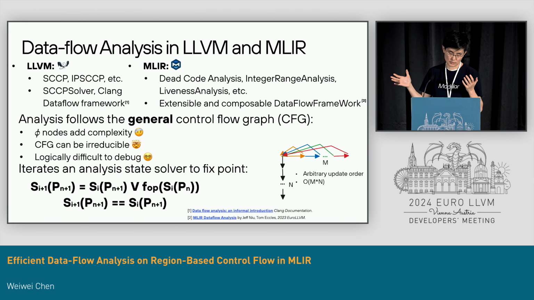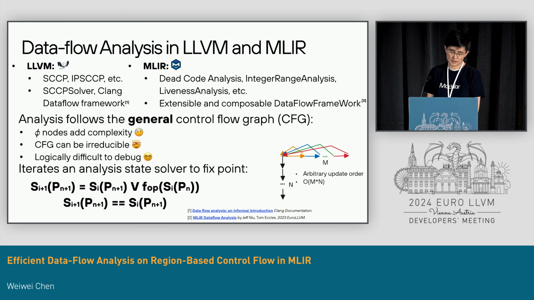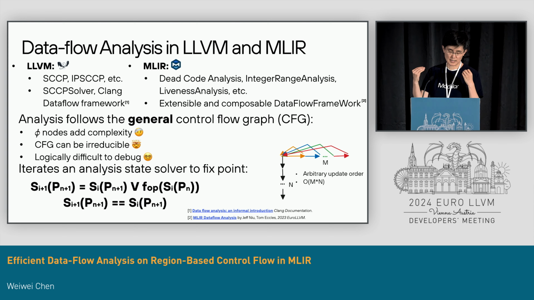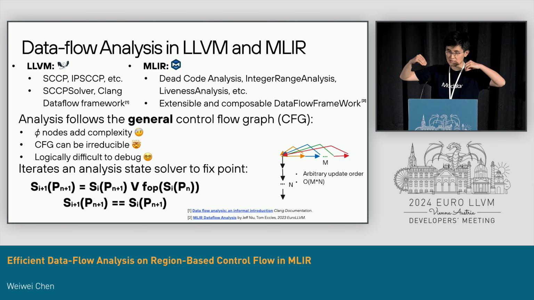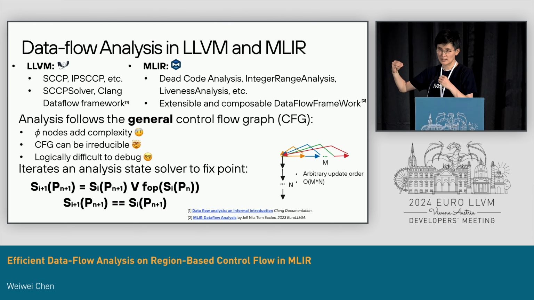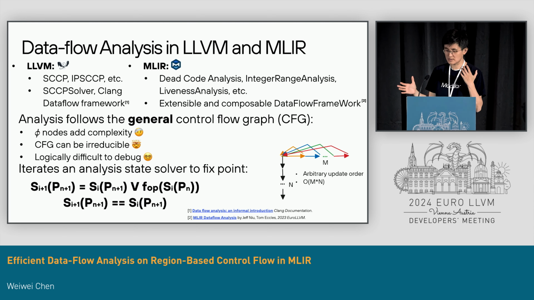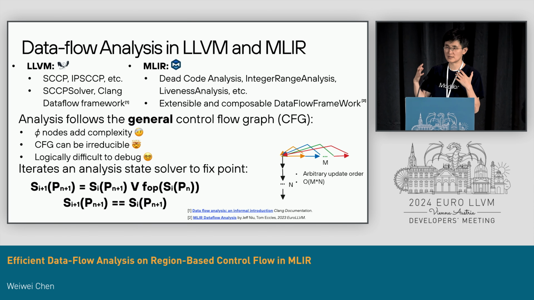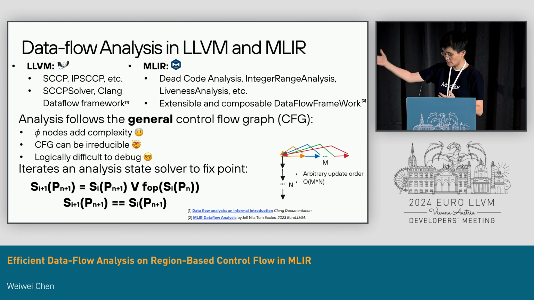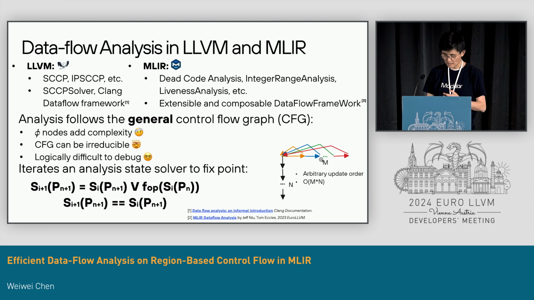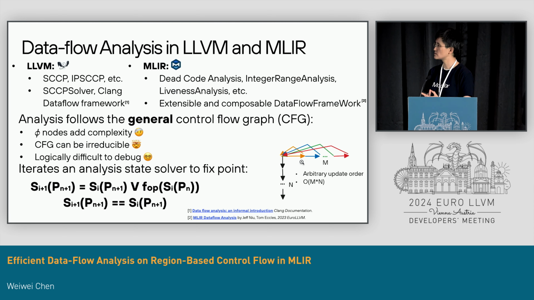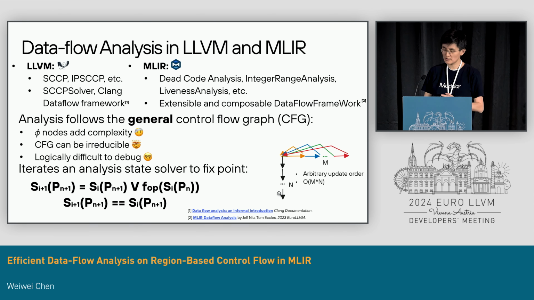So for both of the two frameworks, the data flow analysis is basically iterating through an analysis state solver to a fixed point. So sometimes this solver can be quite expensive to run. For example, there's a control flow graph here. We have an SCC in this graph, the strongly connected components, and there's a tail part here.